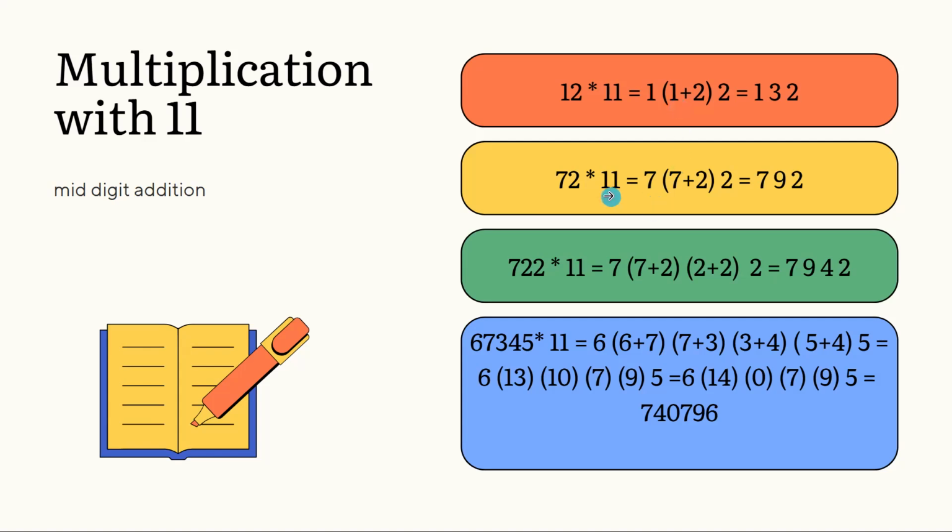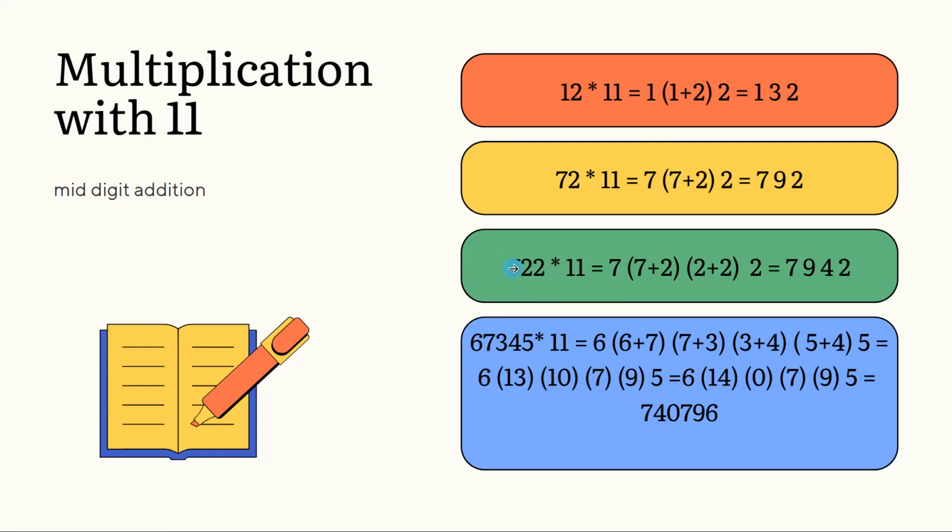Then 72 into 11. So we first write 7 and 2, and then 7 plus 2 is 9, so 792. Now this is a bigger number, which is 722, right? So how are we going to write this? First we write 7 and 2, right? So 7 and 2 are written, but then there are three digits, right?